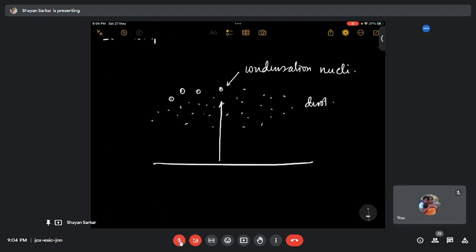Okay, suppose warm air is present above the surface. Okay, so if this is warm air, then velocity of the gaseous particles or water particles will be high.